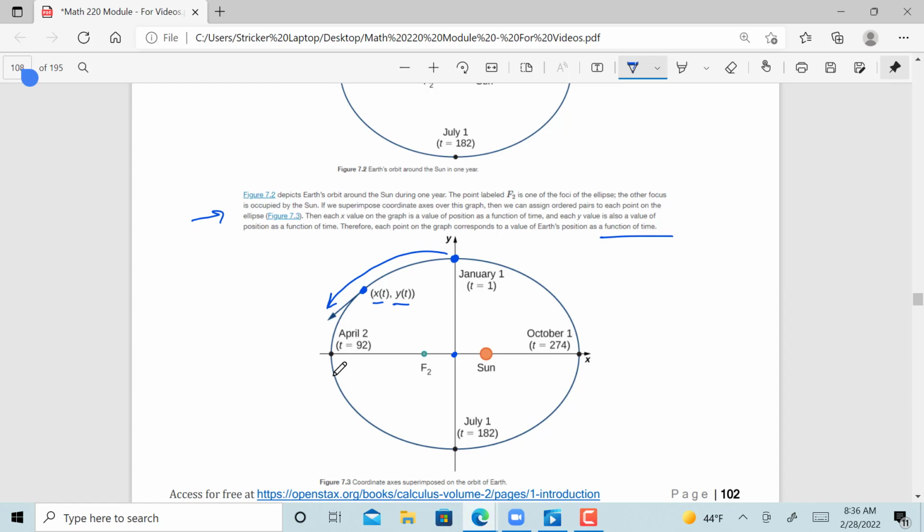And so October 1st, for example, is t equals 274. And so this is a scenario where we could use parametric equations to write the equation for an ellipse, so we can use calculus to study different things about this scenario.